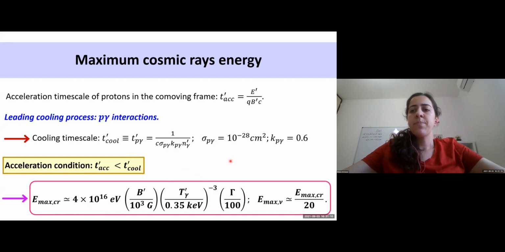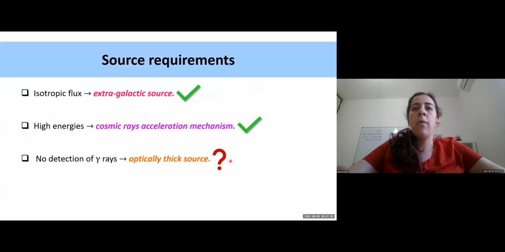And since neutrinos can take about 5% of the energy of the cosmic rays, we can see that our model can pretty much explain the energies of the neutrinos that were detected by IceCube.